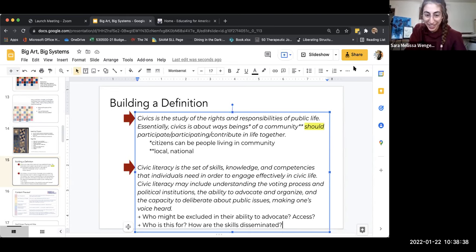I feel like their civic literacy is so much better than people who are born citizens here, because when we learn the government in our school, it goes in one ear and out the other. People don't know the three branches of our government, but people who are immigrants have to learn all about these different parts of civics.